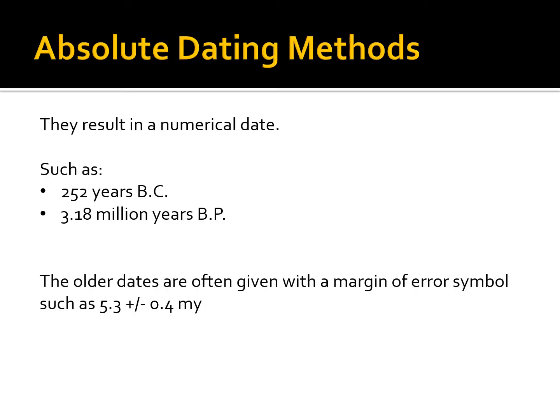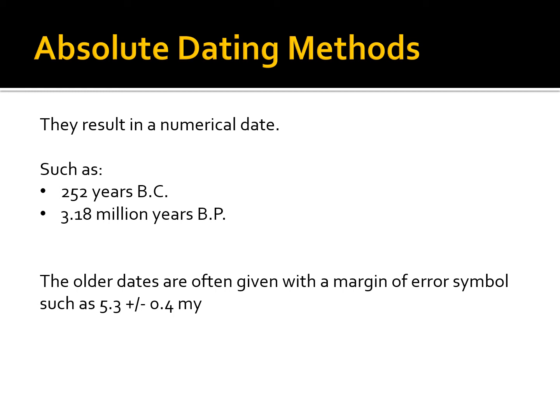So we already talked about relative methods of dating. That's where you're using a piece of evidence or a broad pattern in order to date the fossil specimen you're looking at. So let's look at some absolute dating methods, which always result in a numerical date, such as 252 years BC or 3.1 million years BP.